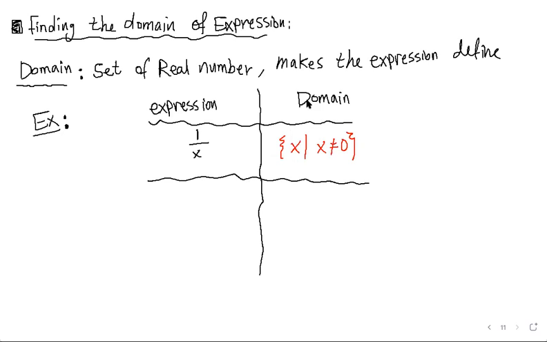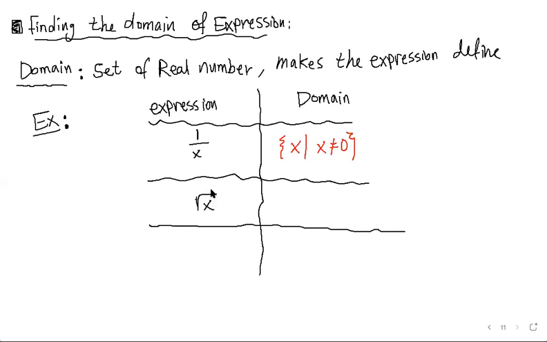So the domain here is all the real numbers except 0. I give you another example: square root of x. What's the domain for the square root of x? All positive numbers, or what about 0? All numbers greater than 0. What about 0?